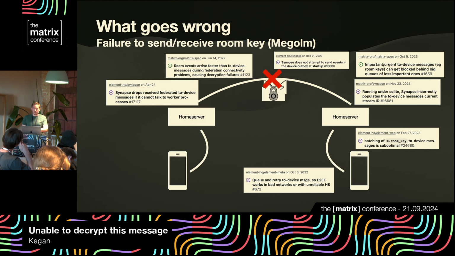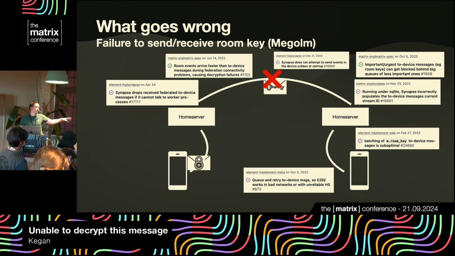Or maybe the encrypted message jumps ahead and reaches the other side before the key. Now, this is quite a unique scenario because if this happens, you will see a UTD. You don't have the key, but the key is still in transit. This is why we say if you wait for a while, you may be able to decrypt it, because if that key does arrive 30 seconds later, then congratulations, it's actually not a UTD, you're all fine.